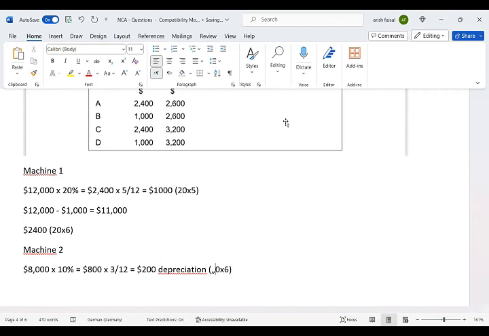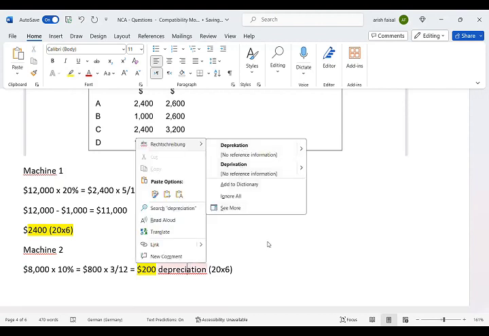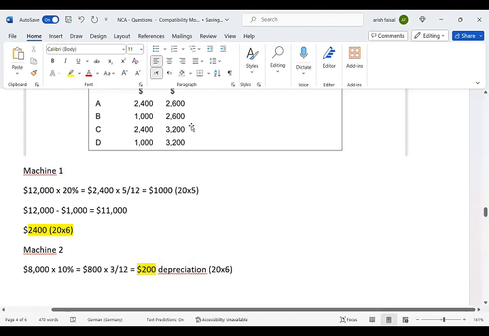So the total depreciation we'll be charging in 2016 on both of these machines would be 2400 over here and 200 over here. So that makes up a total of 2600. And in that case, B would be your correct answer and not D. That means that if you're charging here a depreciation of 800, you need to prorate it. Hence, the depreciation would only be 2600.